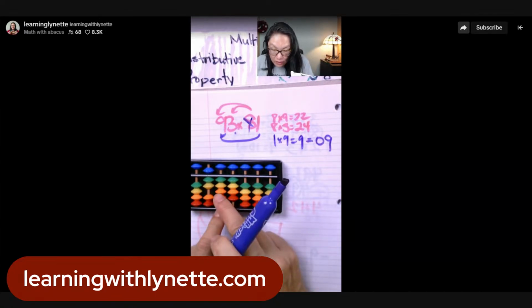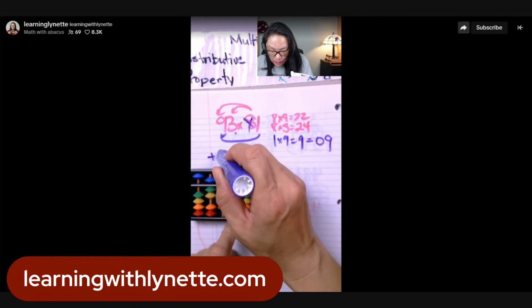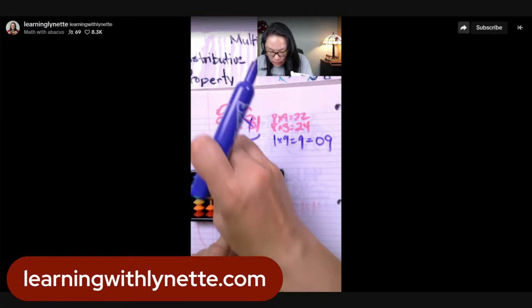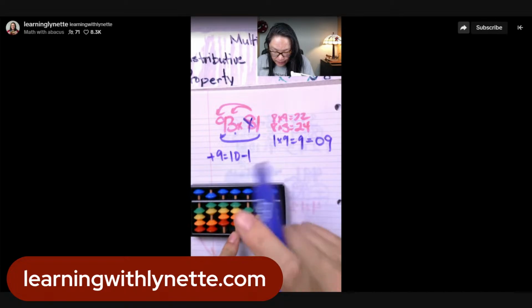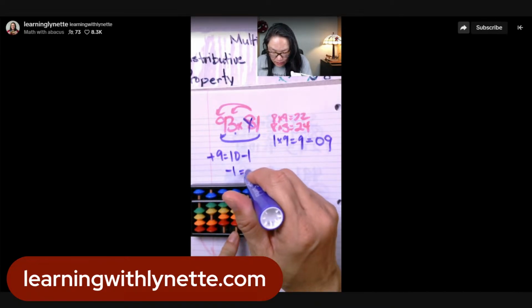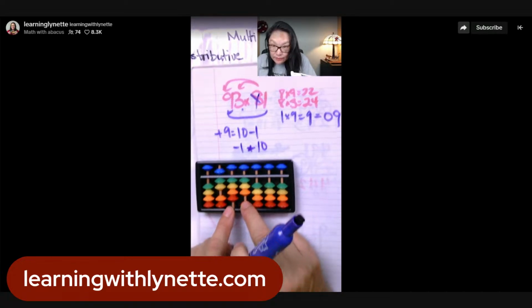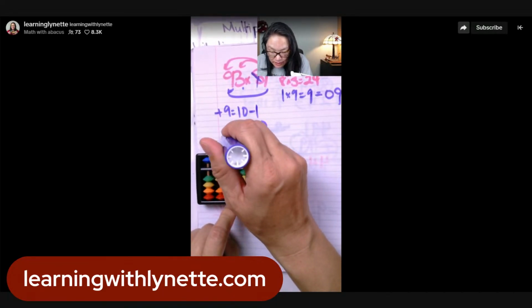Plus the 9 is equal to plus the 10 minus 1. We can rewrite it: minus the 1 plus the 10. How do we plus the 10? Plus the 1 is equal to plus the 5 minus the 4.